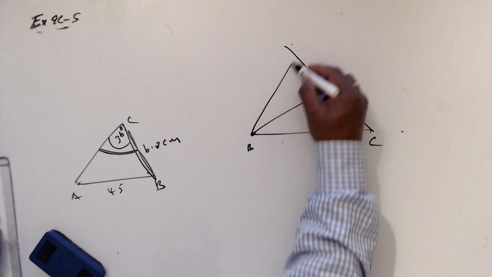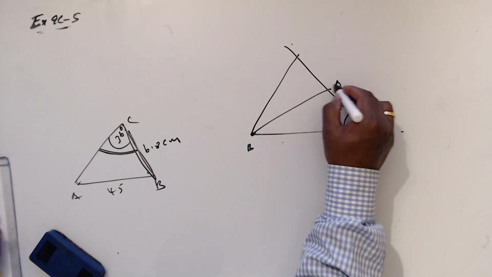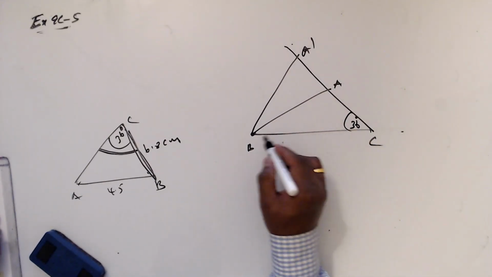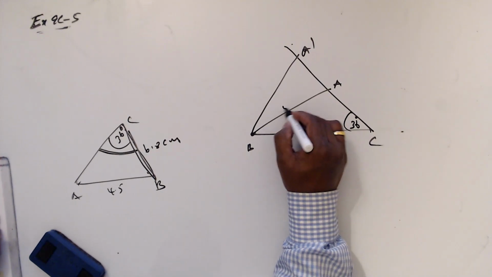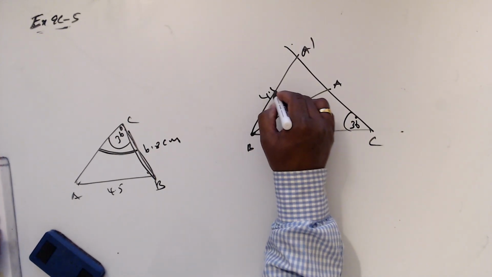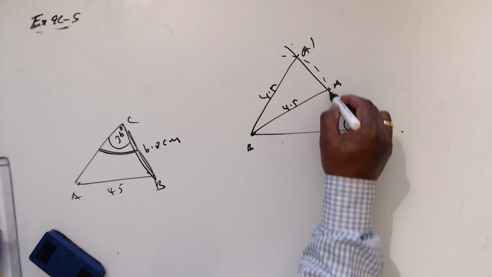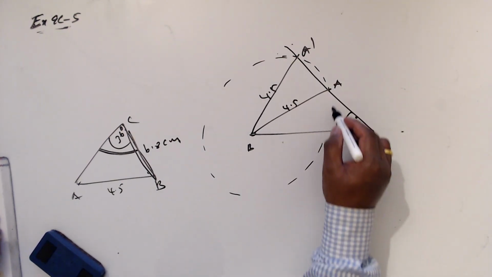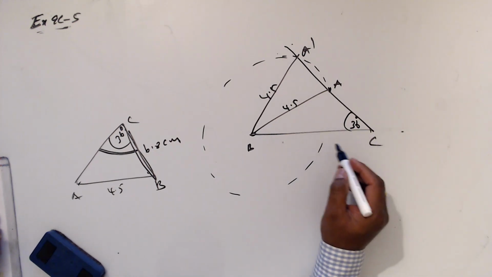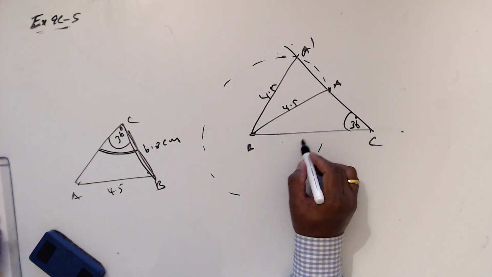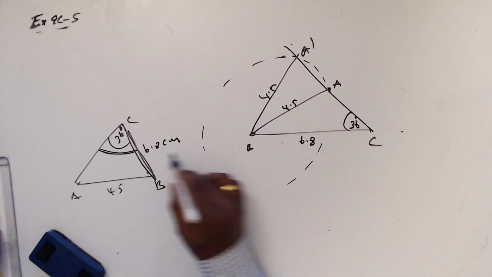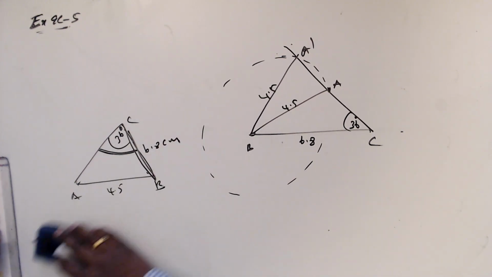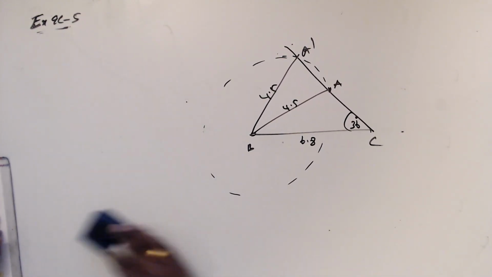Then we have two options, A or A dash. So this is 4.5 and this is 4.5, like this. And this distance is 6.8. BC is 6.8. Now let's start working on this one.